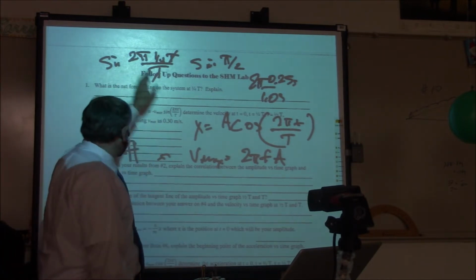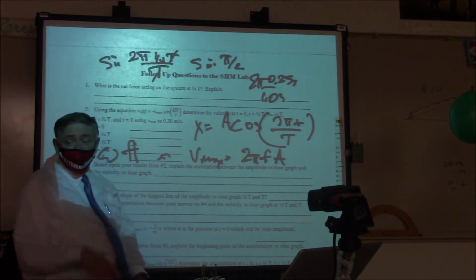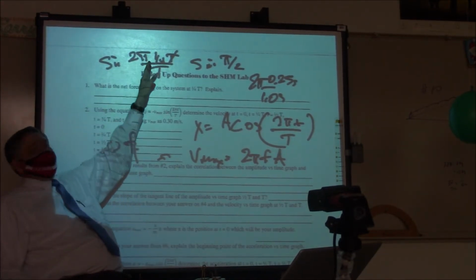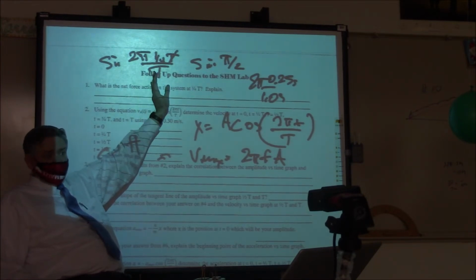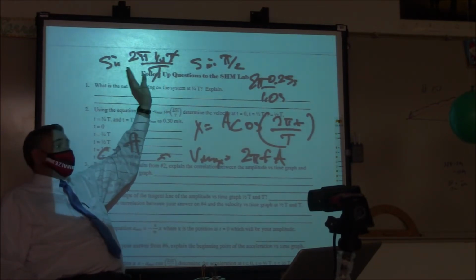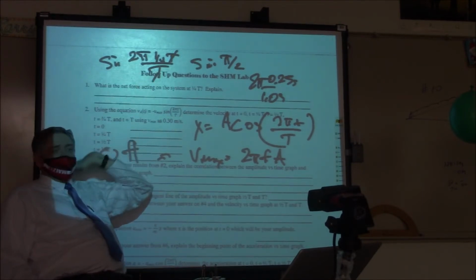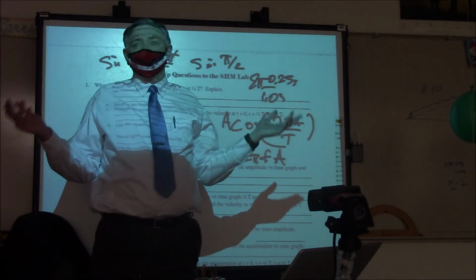Because 2 over 4 is 1/2. So if you know your trig functions, and if you know what the sine of pi over 2 is, it just saves you multiplying numbers into a calculator. Some people like this, okay? Because they know their trig functions. If you don't know your trig functions and you only trust your calculator, there you go.